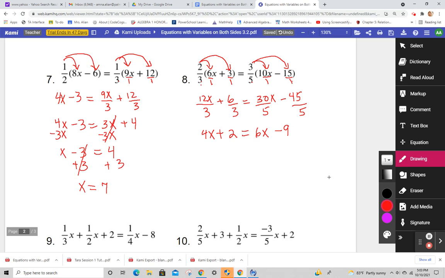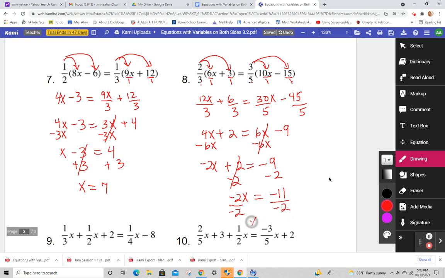Okay, now we're ready to get all the x's on the same side. So let's subtract 6x from both sides. We'll have negative 2x plus 2 equals negative 9. Subtract 2 from both sides. We'll have negative 2x equals negative 11. Divide both sides by negative 2.